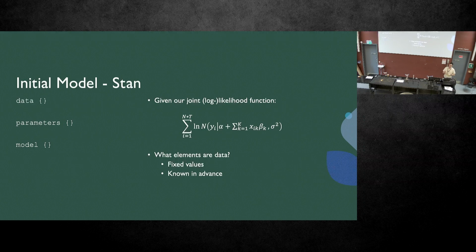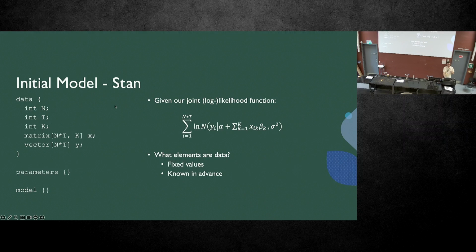Yes, so we have our fixed values here, so the numbers of each of these dimensions, so people, observations, and K, so covariates. We have our covariate matrix here, and we have our outcome here. So Y here is just the number of seizures at each of our assessment points, and X is for each person, for each of their T observations, those covariates, so age, baseline seizure.